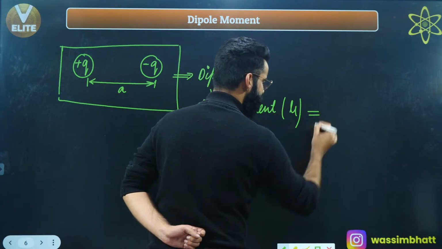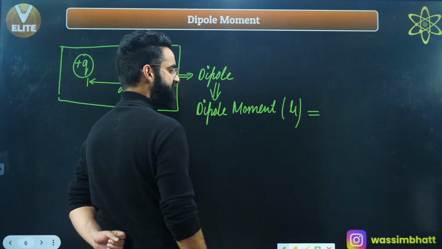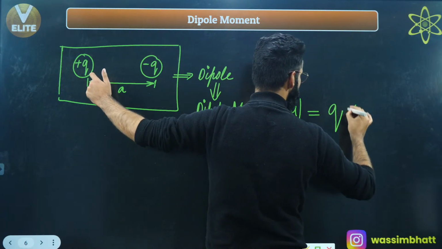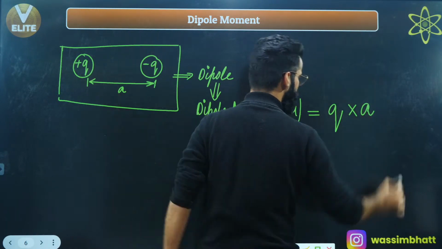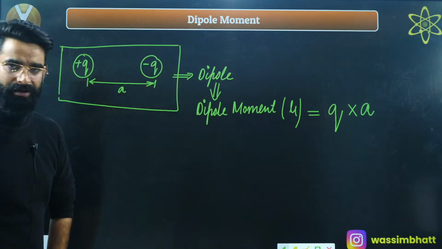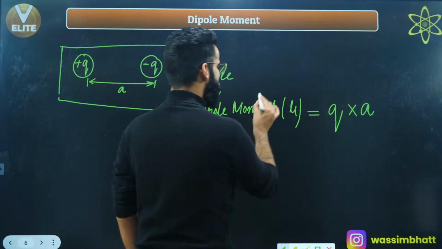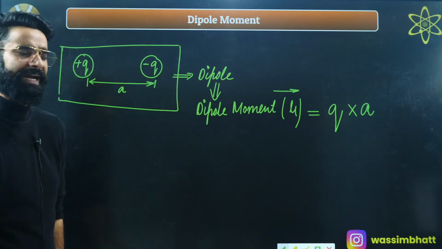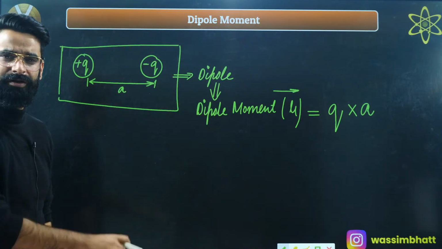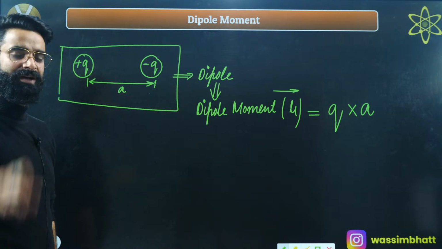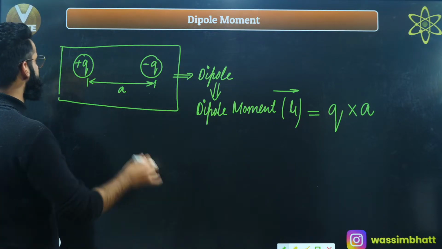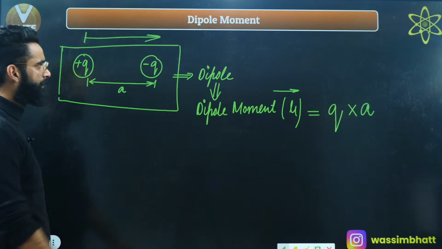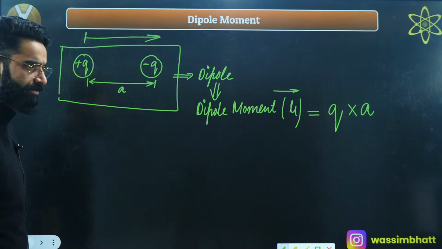It's defined as the product of charge and the distance between the charges, Q multiplied by A. This dipole moment is a vector quantity. If it is a vector quantity, it will definitely have a direction as well. And in chemistry, the direction of dipole moment is always taken from positive towards negative.